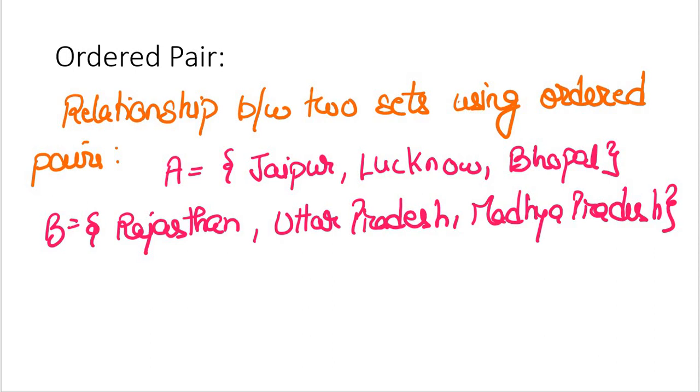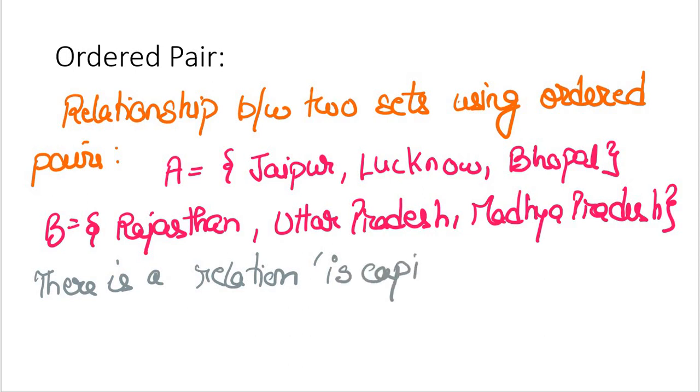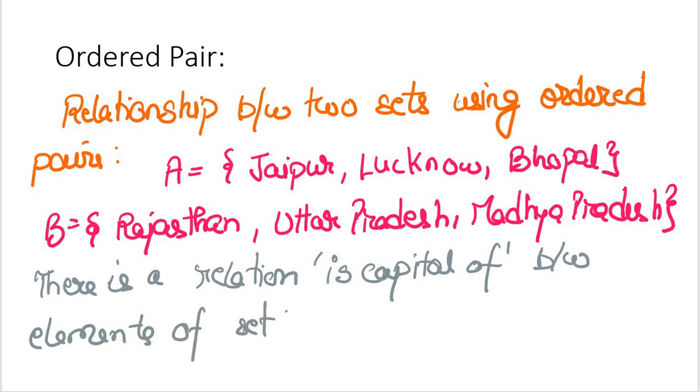From this example, you might have got an idea that there is a relationship between A and B. And what kind of relationship is this? There is a relationship which is capital of between the elements of set A and set B.